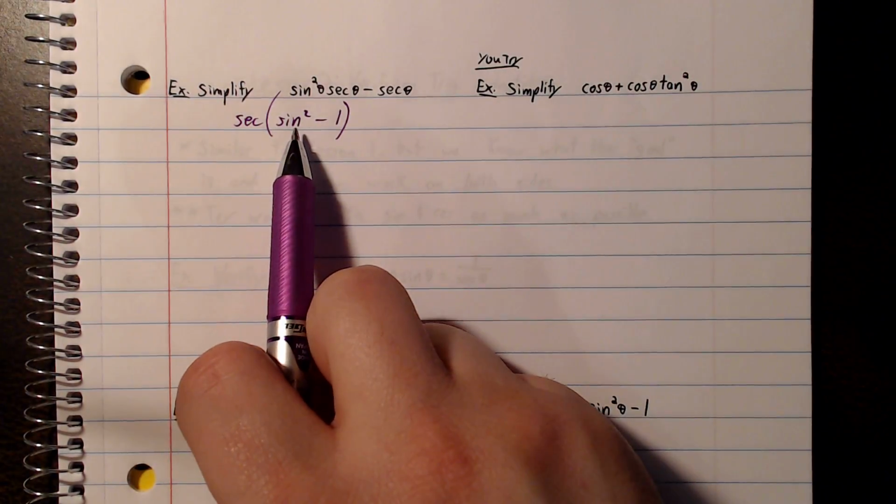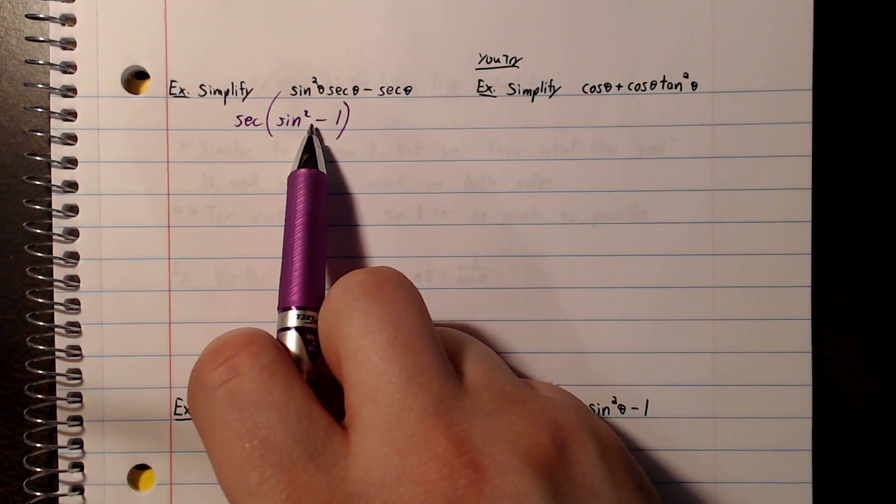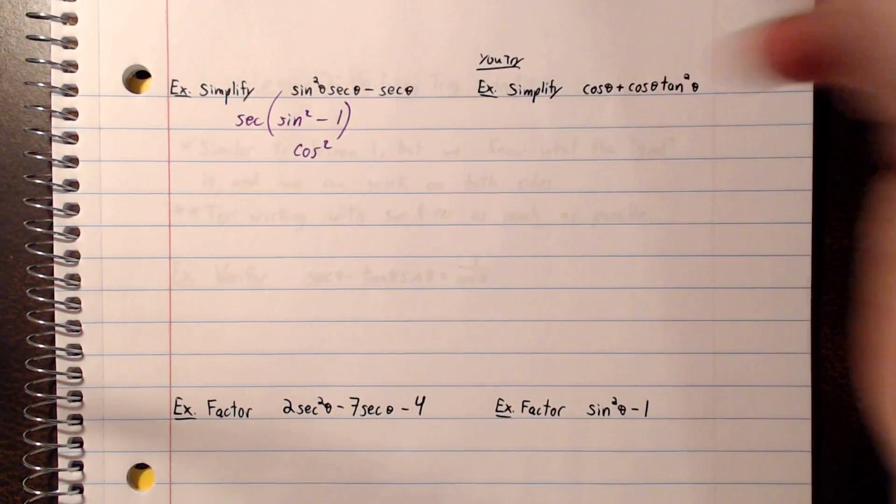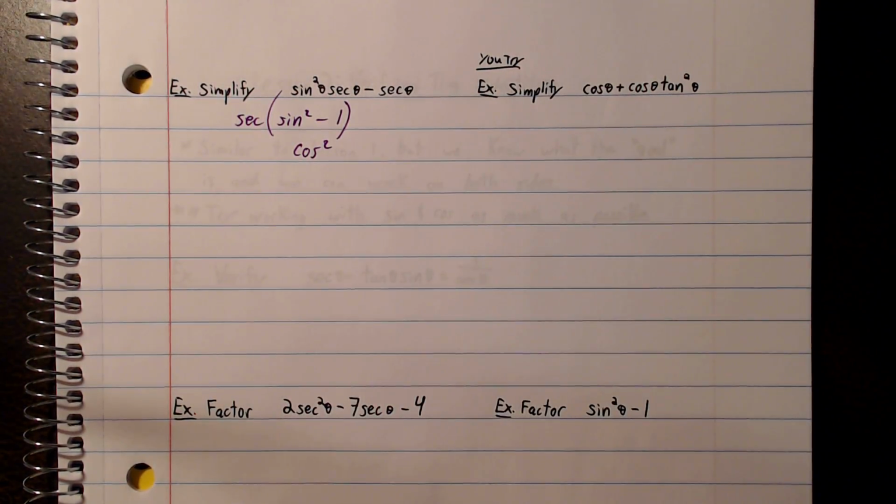And that was a smart idea because we know sine squared minus 1, that's Pythagorean identity, that's really cosine squared. Right? So we're in pretty good shape right now.